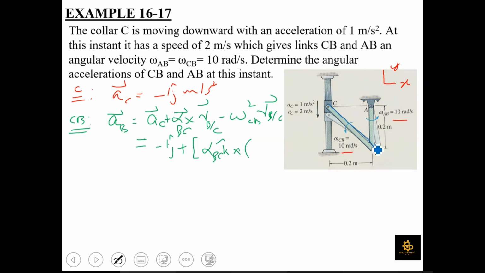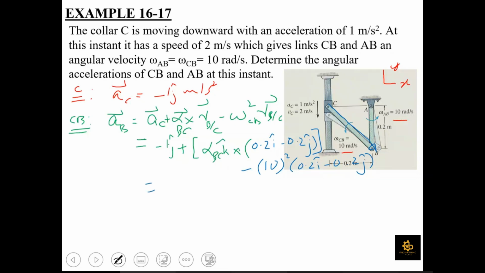It is going to be this vector, which has positive x, negative y. So 0.2 I minus 0.2 j. ये आपके पास alpha cross R आ जाएगा, minus omega square, so minus 10 square into 0.2 I minus 0.2 j. ये आपके पास complete equation बन जाएगी.